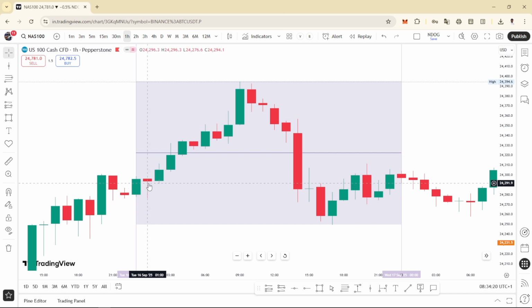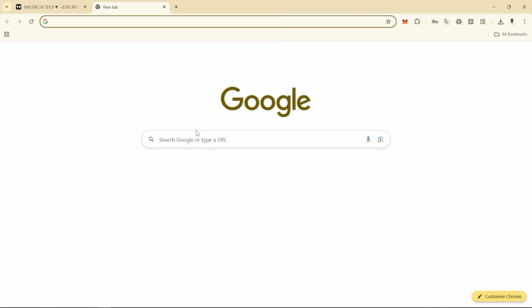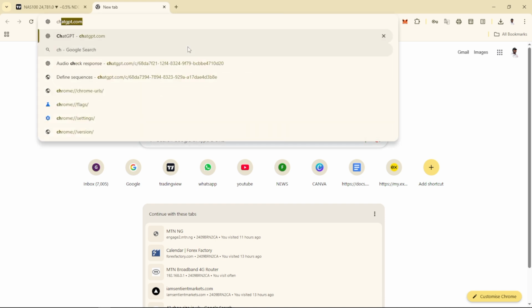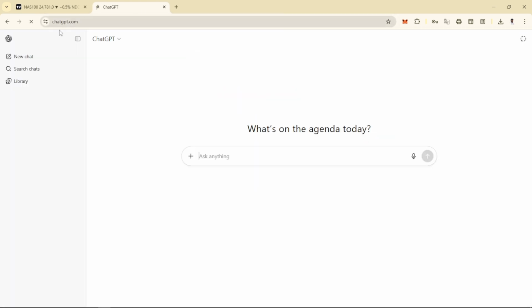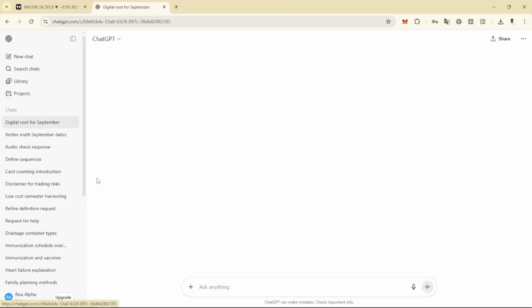I want to introduce the concept of time counting and price counting, right? So I want to simply do a small search on my ChatGPT. My previous search is that I gave it a prompt.